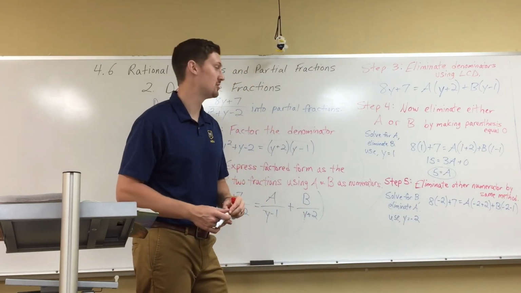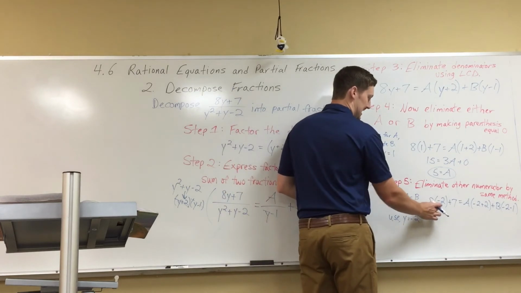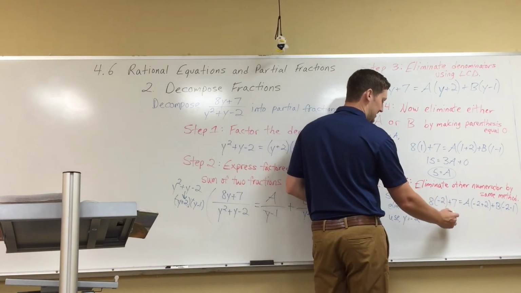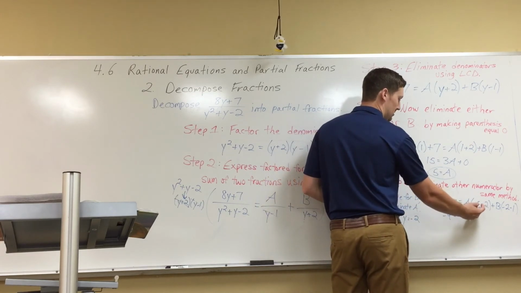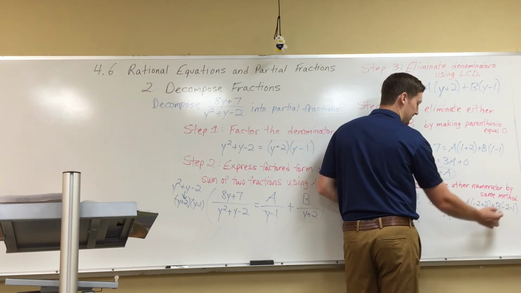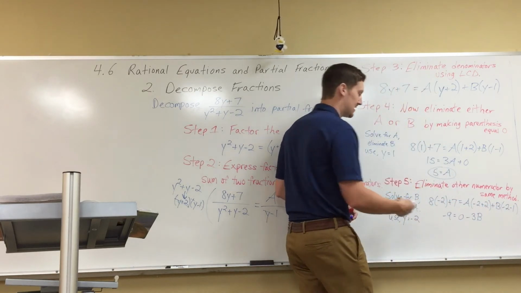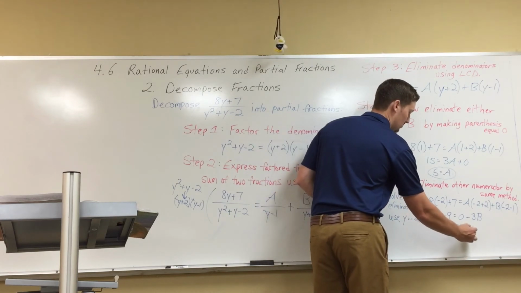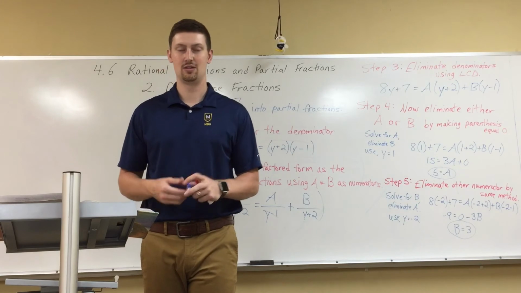Notice all my variables are going to be gone here, except for b. -16 plus 7 is -9. -2 plus 2 is 0, so a is gone. -2 minus 1 is -3, so -3b. How do I solve for b? Divide by -3. b equals 3.